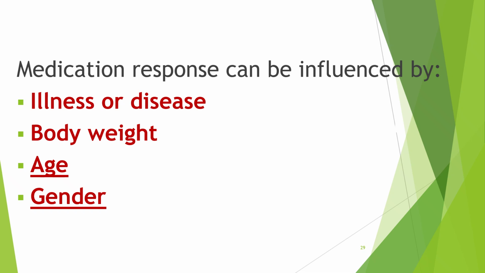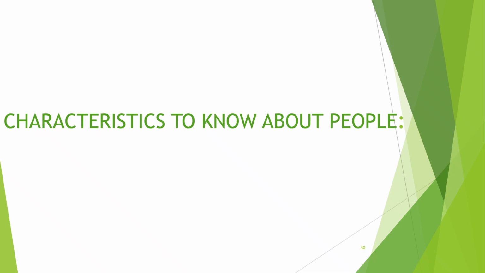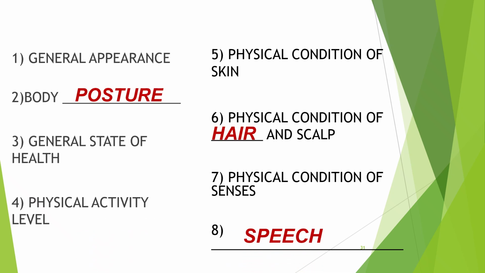Medication response can be influenced by illness or disease, body weight, age, and gender. Characteristics to know about people we support. One is general appearance. How is she or he dressed? Are they well groomed? Is there any body odor? 2, body posture.